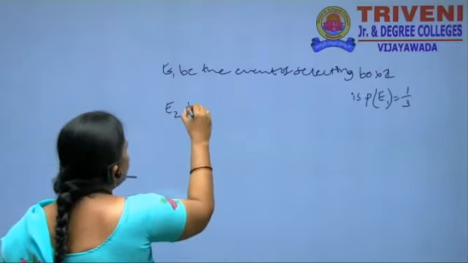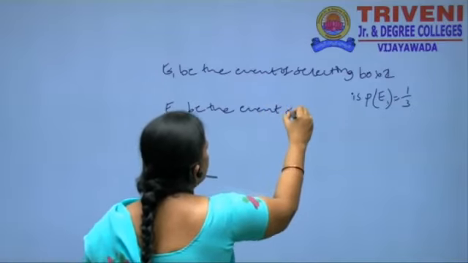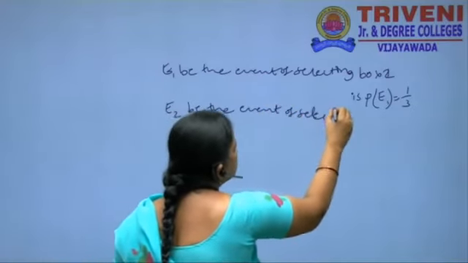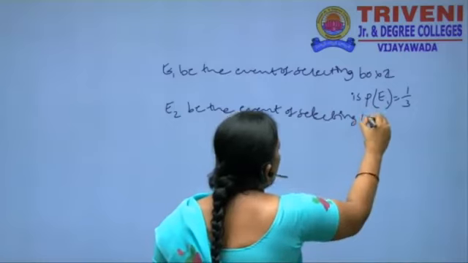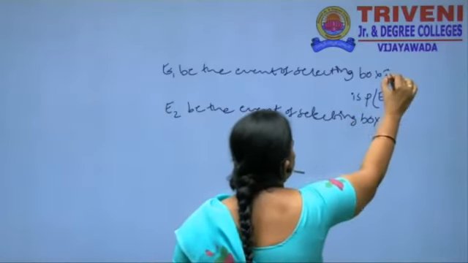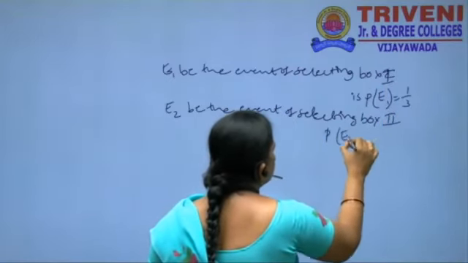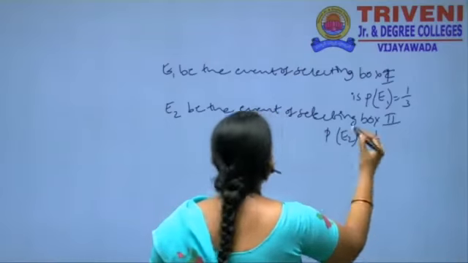Similarly, E2 be the event of selecting box 2. P of E2 is equal to 1 by 3.